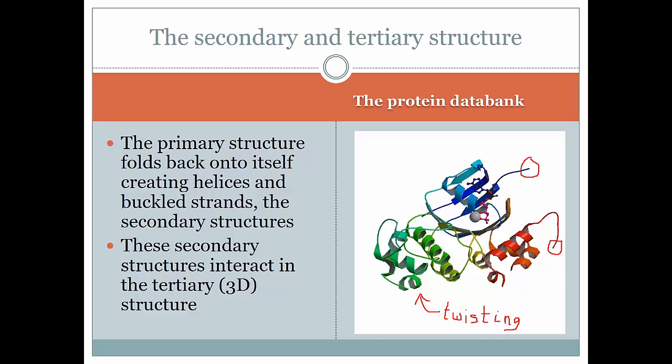And then, as I mentioned, the entire structure, once it's a 3-dimensional structure like this, is called a tertiary structure of the protein. I've circled where the amino acid sequence, its primary structure, begins and then ends.